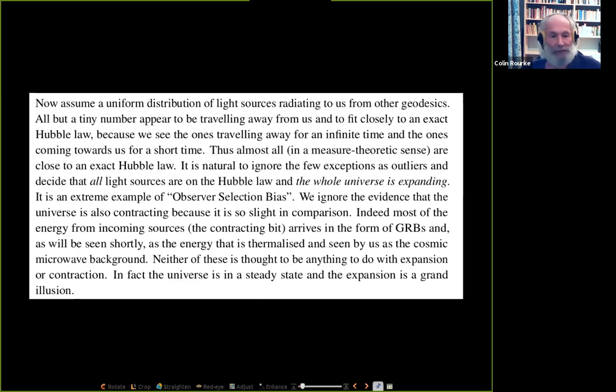Indeed, most of the energy coming from incoming sources, the contracting bit, arrives in the form of gamma ray bursts, as I explained, and as we'll see shortly, as the energy that gets thermalized and seen by us as the cosmic microwave background. Neither of these is thought to be anything to do with expansion or contraction. So we think it's expanding, but it's also contracting. In fact, the universe is in a steady state, and the expansion is a grand illusion.